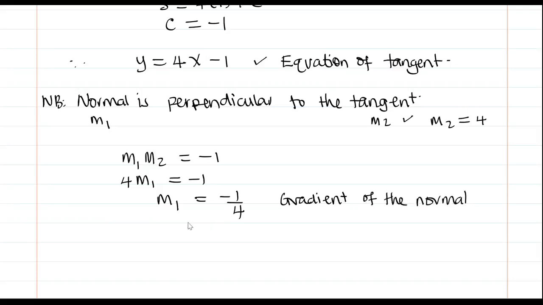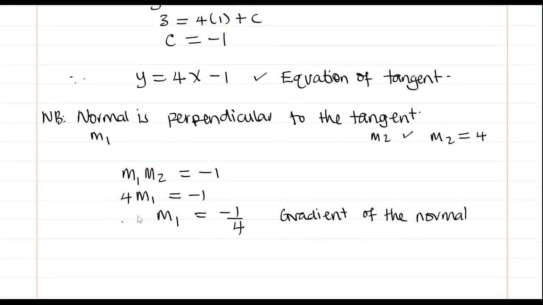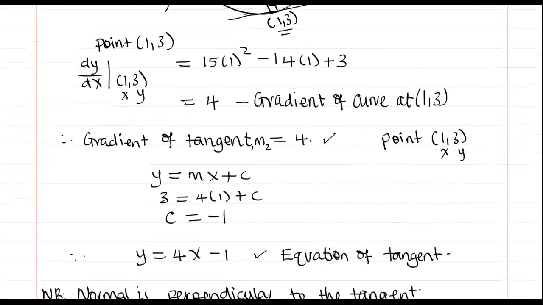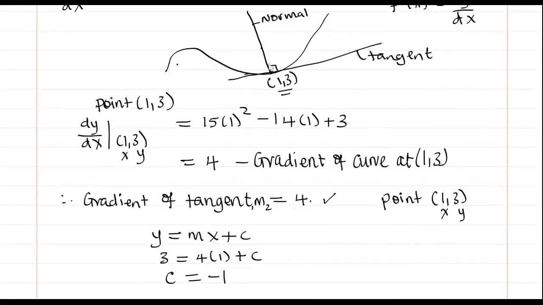So after getting the gradient of the normal, we need to find the equation of the normal. Remember, a normal is a straight line. And if we know the gradient of a line, like m1 here, and we know one point on that line, because this normal continues down like this, so we know one point on the line, which is (1, 3).